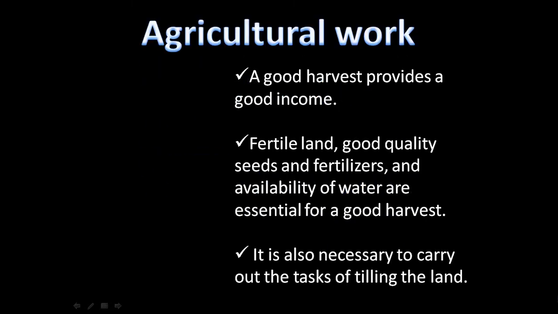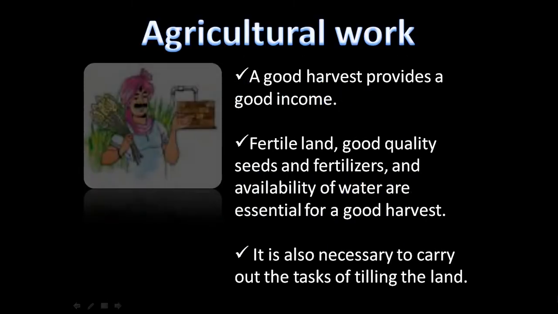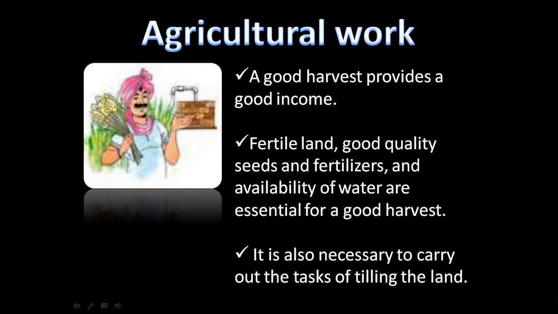Let us know about the agricultural work. A good harvest provides a good income. Fertile land, good quality seeds and fertilizers and availability of water are essential for a good harvest. It is also necessary to carry out the task of tilling the land.